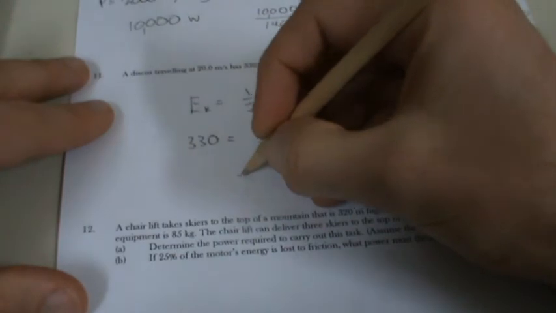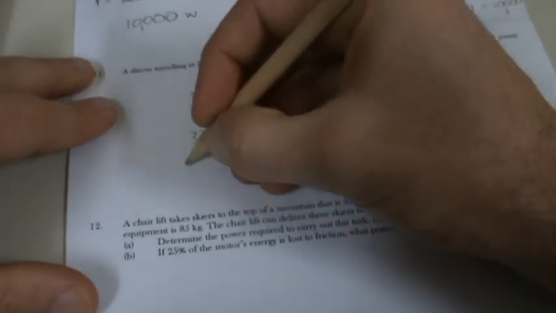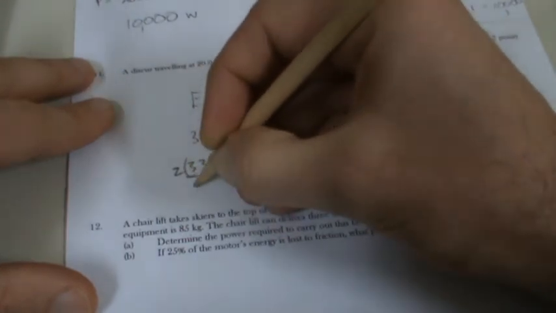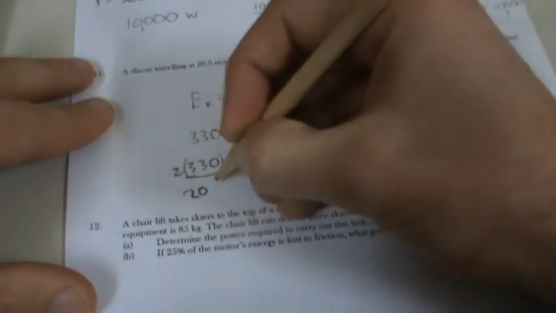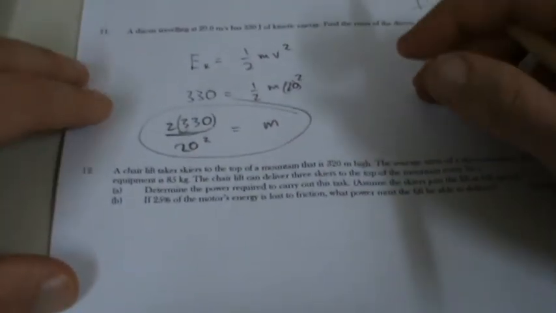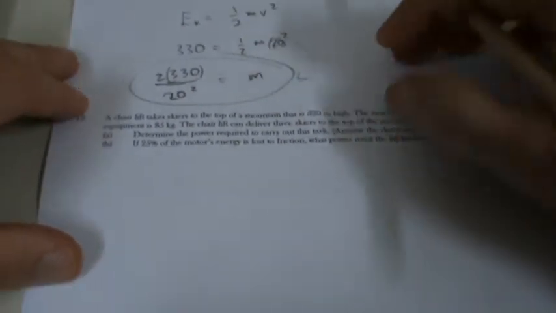And so in the end, the mass is 330 times 2 divided by 20 squared. Let's do the algebra on that.